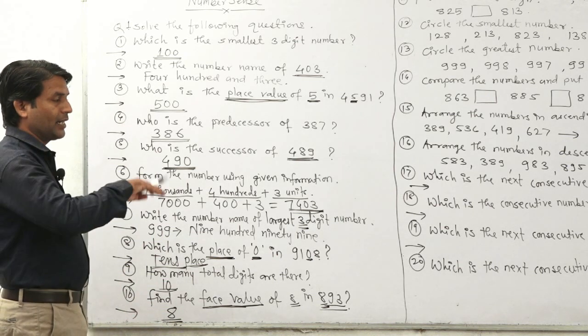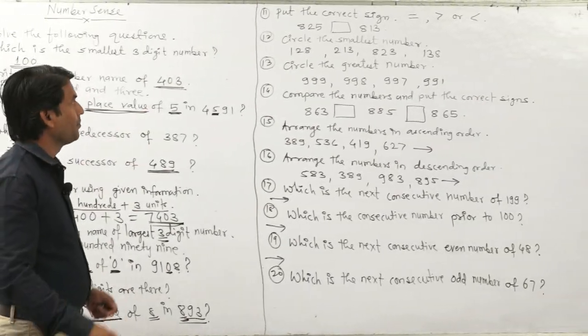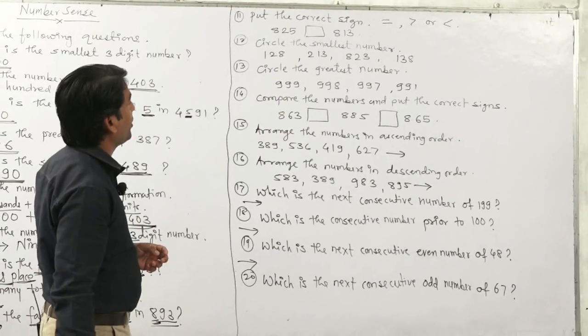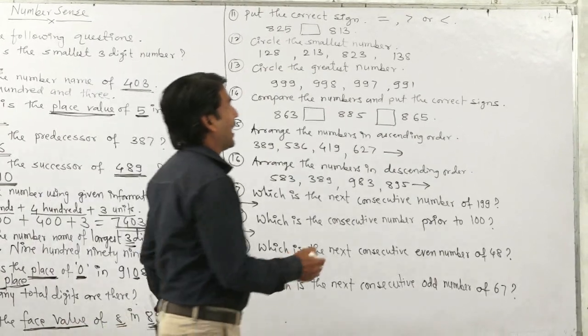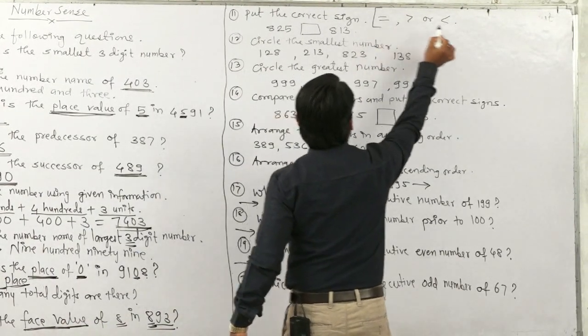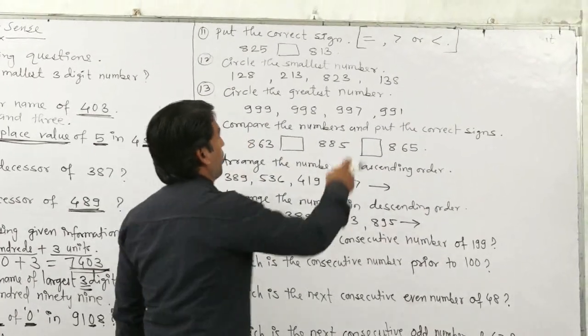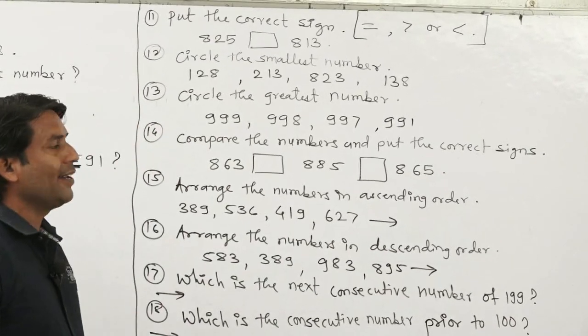After that we will move on to question number 11. Put the correct sign. Signs are given here, and we have to put one sign from these three: equal to, greater than or less than.